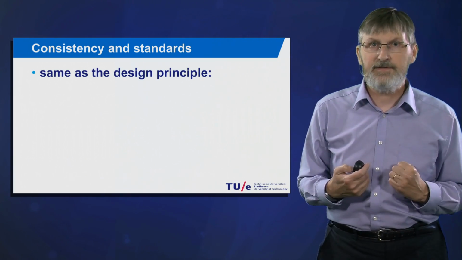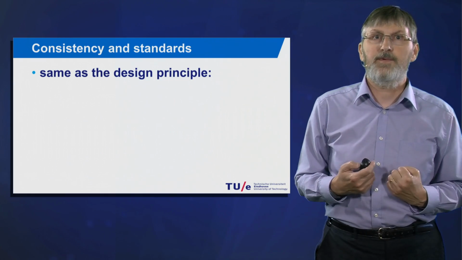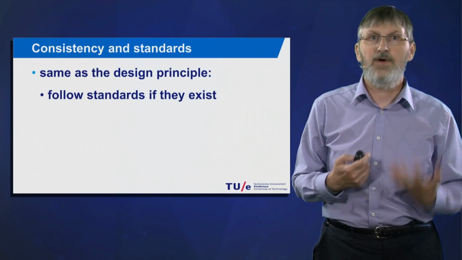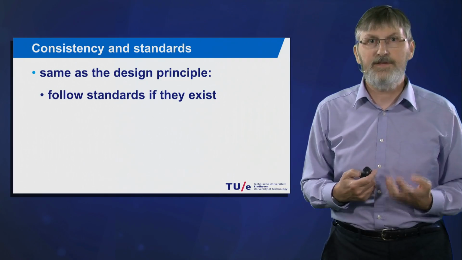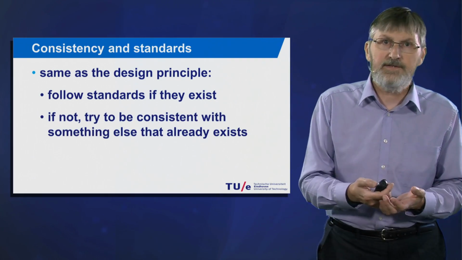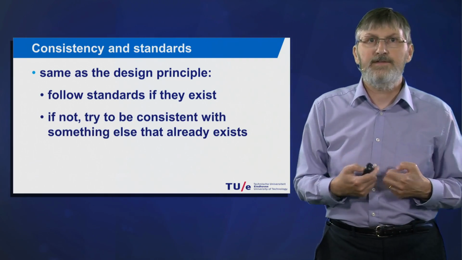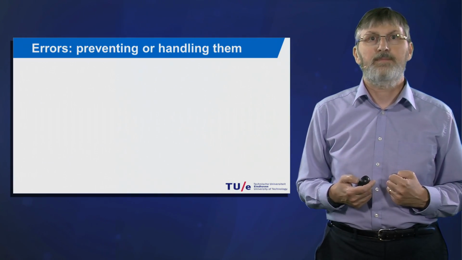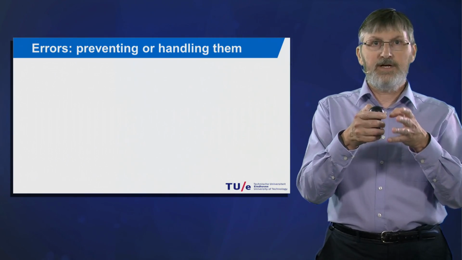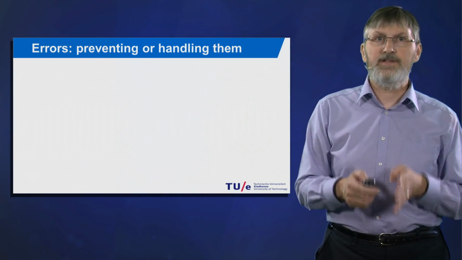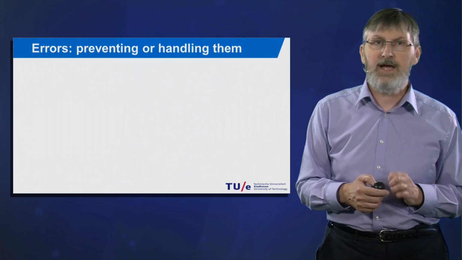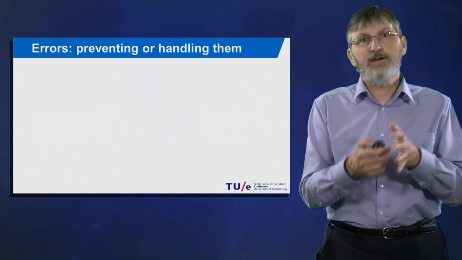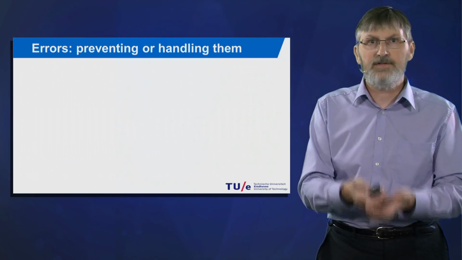Consistency and standards is the same as the corresponding design principle: follow standards if they exist, and if they don't exist, look at other applications that do exist and try to be consistent with them. Regarding errors, it's always best to prevent them from happening, but if we can't, we must handle them gracefully.